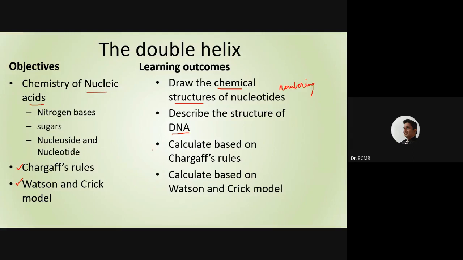Upon that, you should be able to calculate the nitrogenous base composition and so on, which we will practice provided we finish enough today. These two will be on the basis of recalling, and your ability to calculate will be a little bit higher. So I would want you to practice and study the chapter well enough.